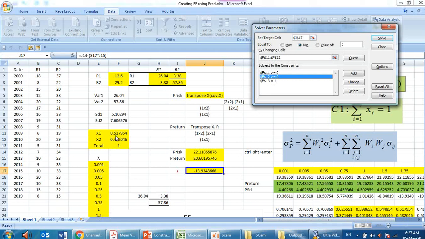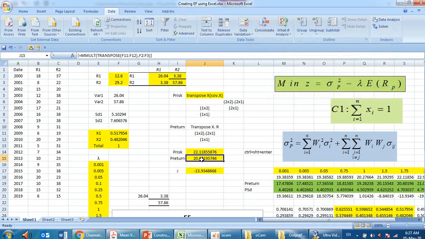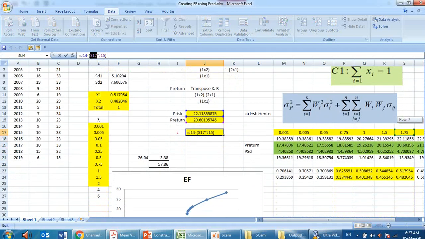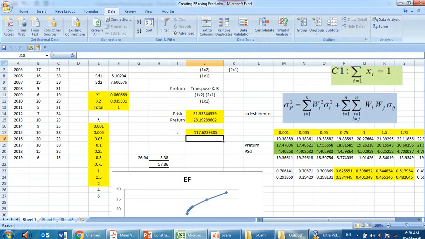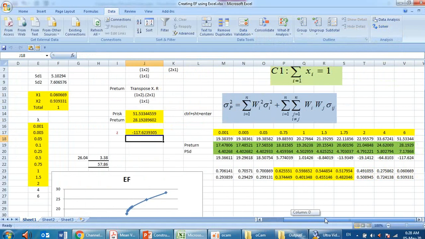When short sales are not allowed, now what you do, for example, if you want to optimize, first of all, I'll put a value of, for example, 8 over here. I'll put 6. Okay, now I'll optimize. What happened?